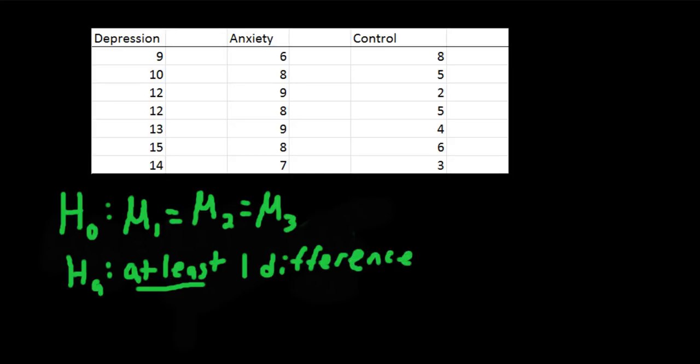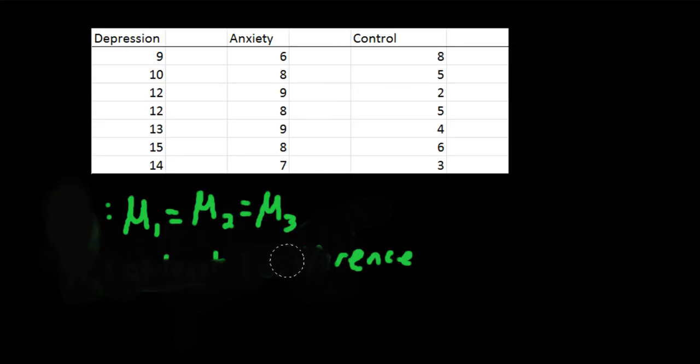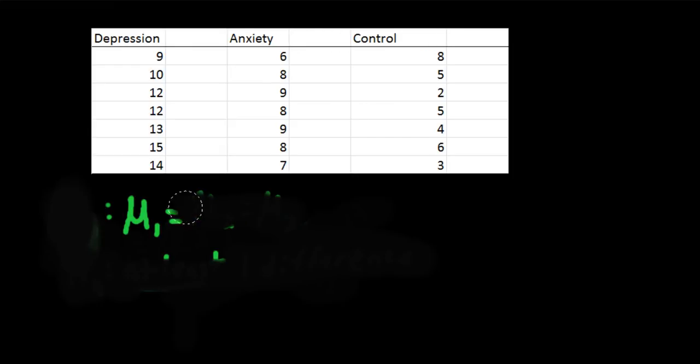So we're going to compute the ANOVA by hand. First we'll want to set up what's called an ANOVA table so that we can partition the variance into effect and error variance, or between and within variance.